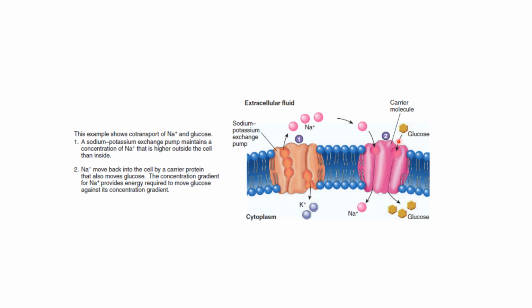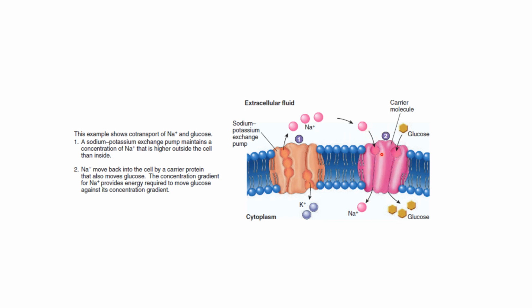They are conducting sodium along its concentration gradient, and by using the concentration of sodium, they are also conducting glucose against its concentration gradient. We can see sodium is more outside, it should go into the cell because its concentration gradient is toward inside, but glucose is more inside, it should not go into the cell if there is no symporter.